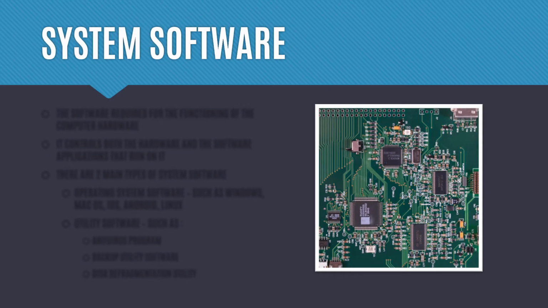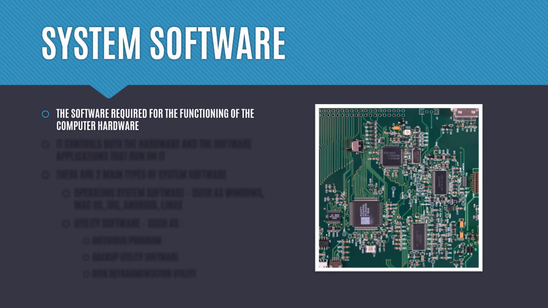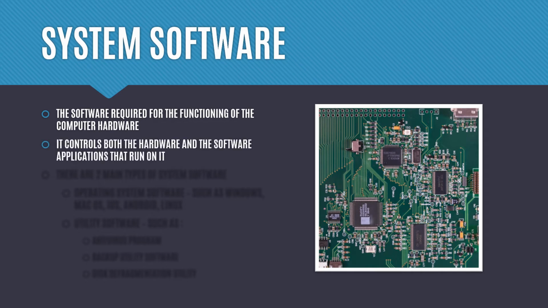Now let's discuss what is a system software, which is the first type of software. It is the software required for the functioning of the computer hardware. Without the system software, your machine, your gadget, your smartphone, your laptop, your computer, is useless, because system software controls both the hardware and the software applications that run on it.